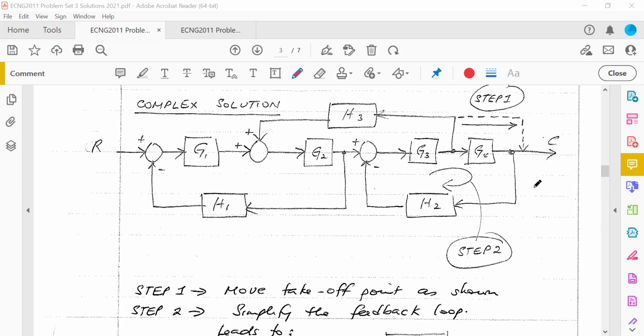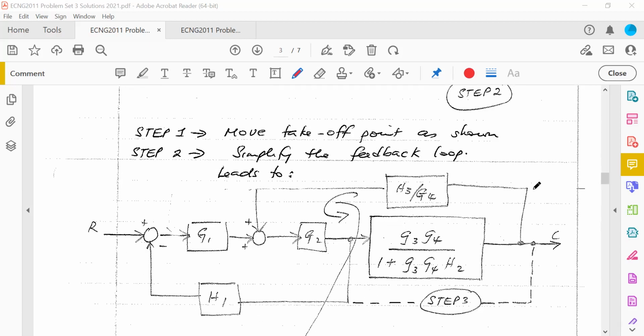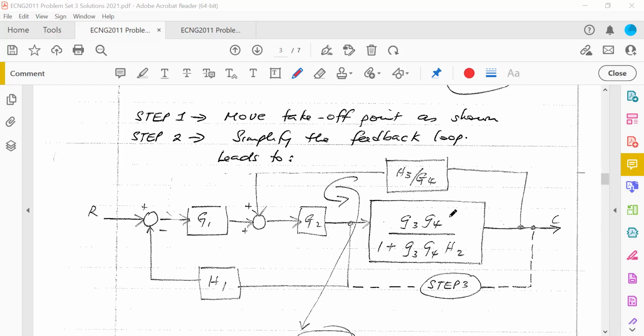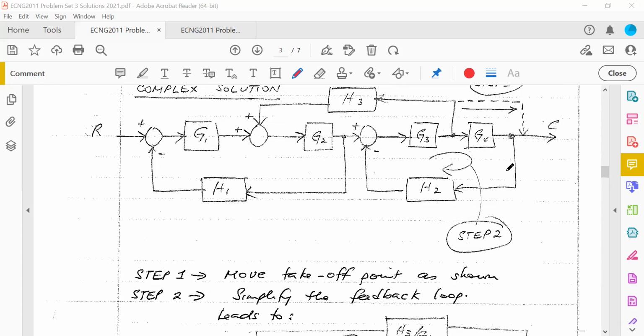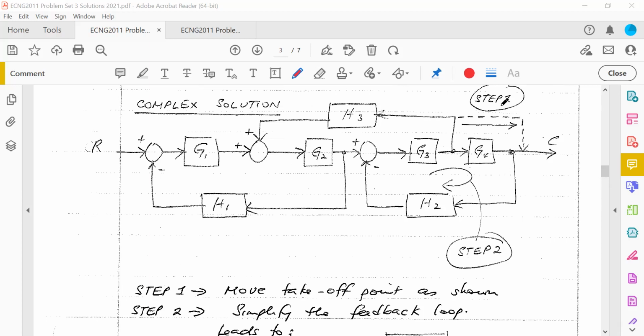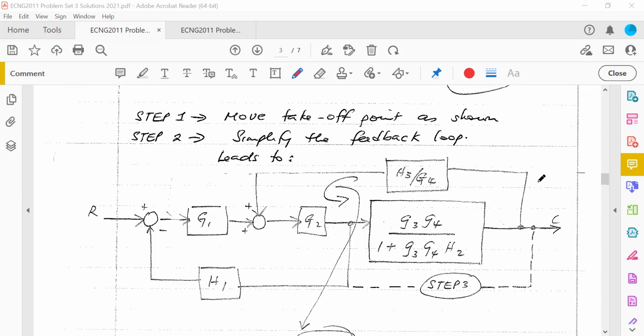So if I do that, replacing that group of blocks would be G3, G4 over 1 plus G3, G4, H2. And then because I moved the takeoff point, I have to divide H3 by G4 up here. Because I moved it here, I have to put a 1 over G4 here. So in other words, this now becomes H3 over G4, right?